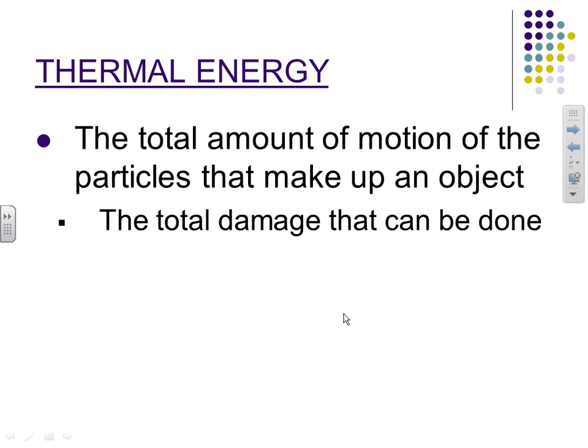So we have to consider temperature because that tells us how fast the particles are moving. What other factor might we have to consider if we want to know the total motion? How fast they transfer is not really important as far as the total motion, because they're just trading amongst one another, right?